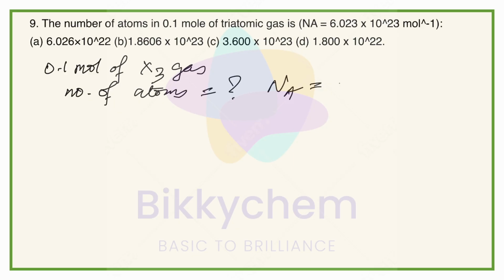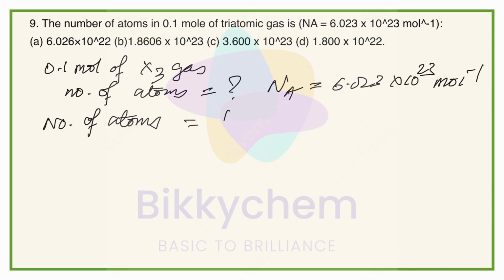Na is given as 6.023 into 10 to the power 23 mole inverse. So we know that the formula of number of atoms is equal to given weight by molar mass into Avogadro number into atomicity.